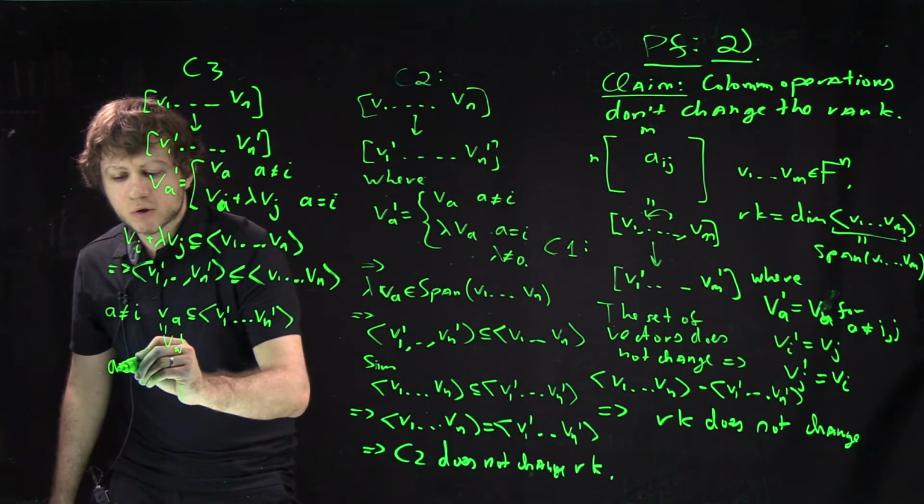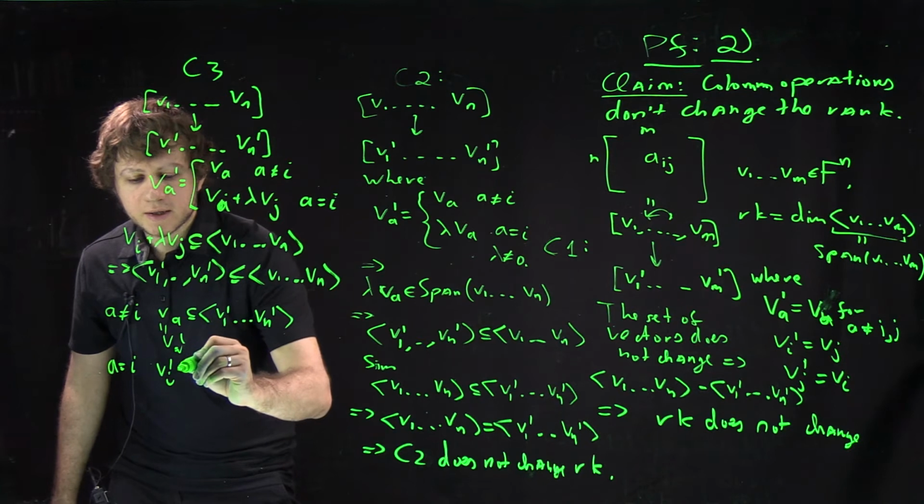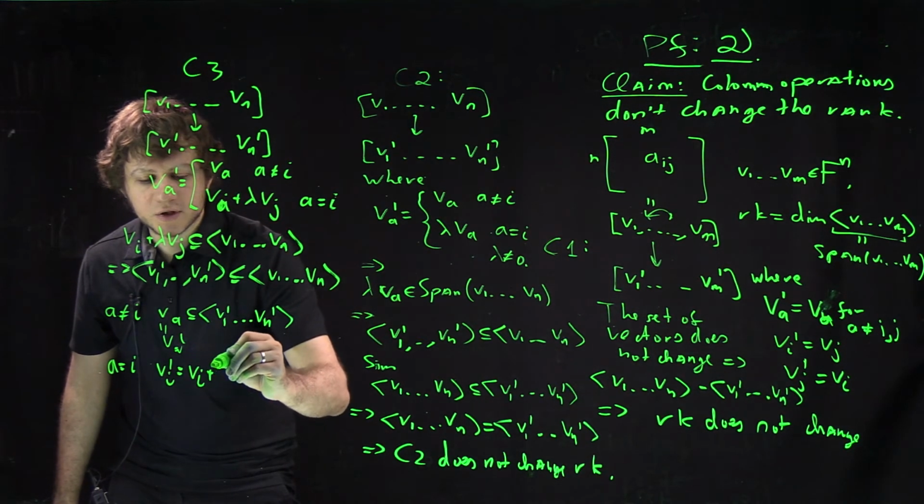And for a equal to i, we know that vi prime is equal to vi plus lambda vj.